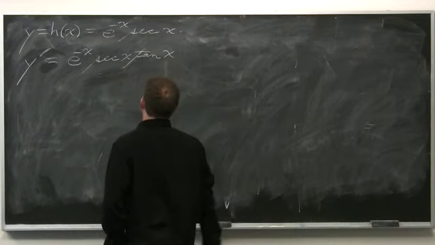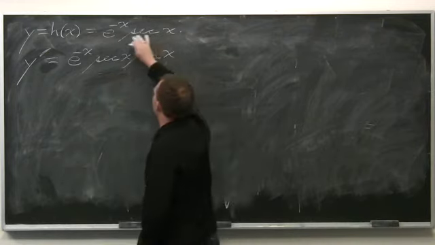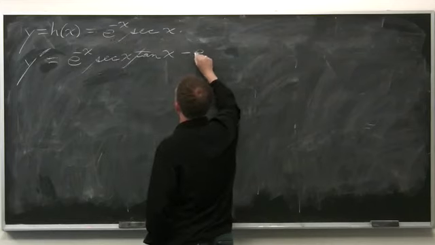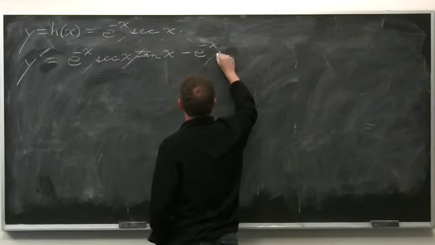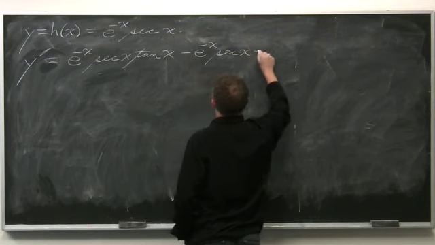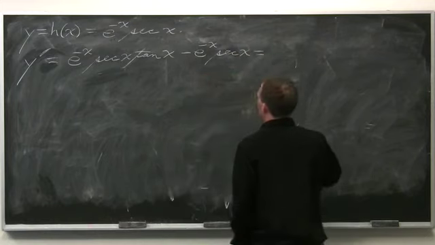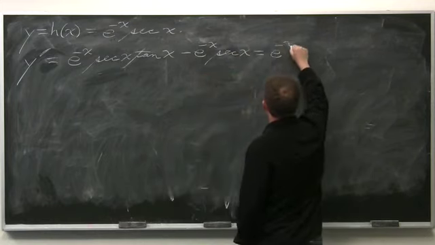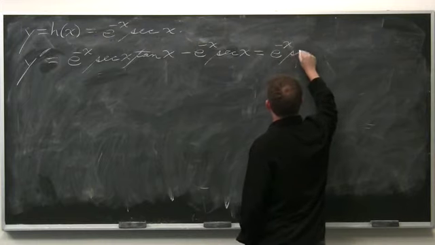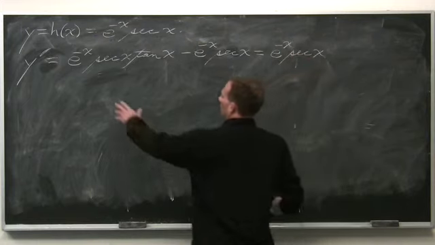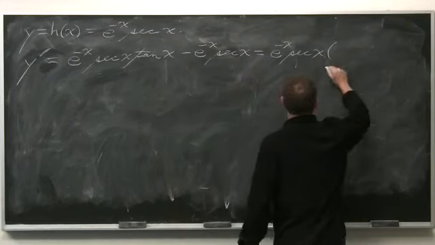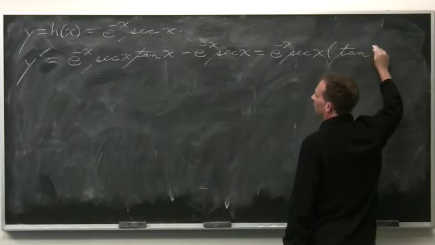The first thing times the derivative of the second, plus the second thing times the derivative of the first. That gives us minus e to the minus x times secant of x. We can factor out an e to the minus x times secant of x and get e to the minus x times secant x times, we're left with a tan x minus 1.